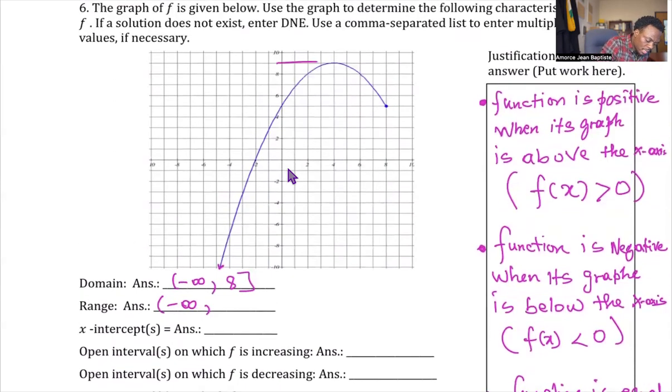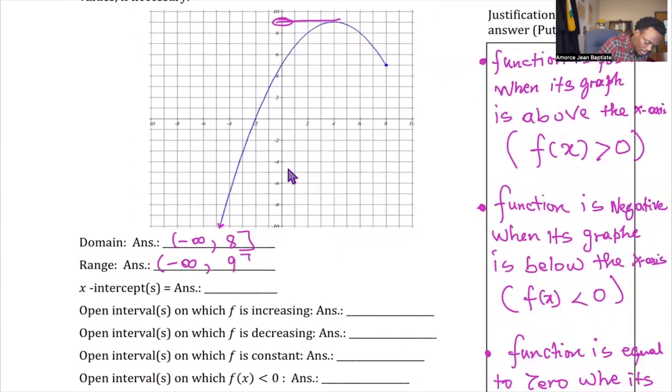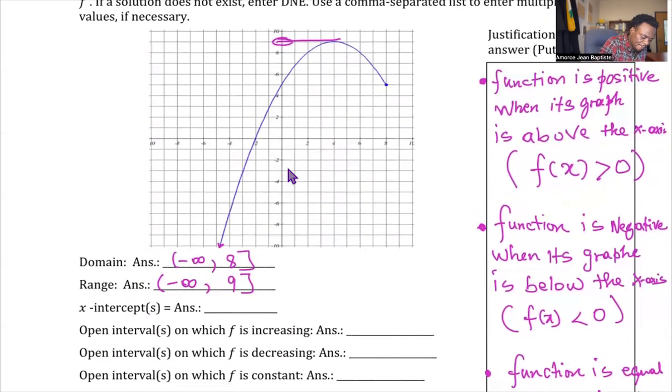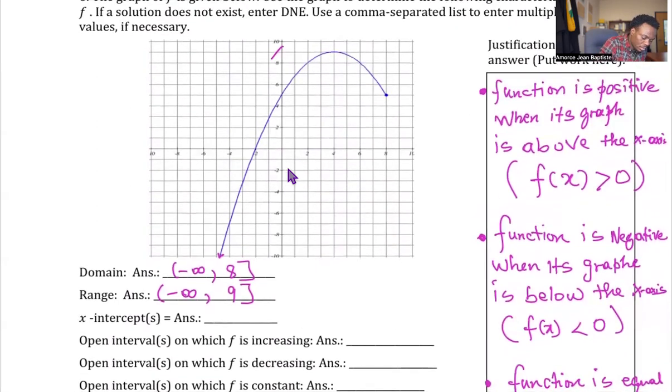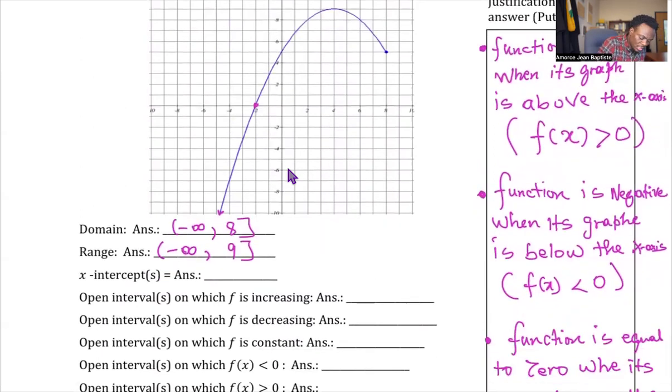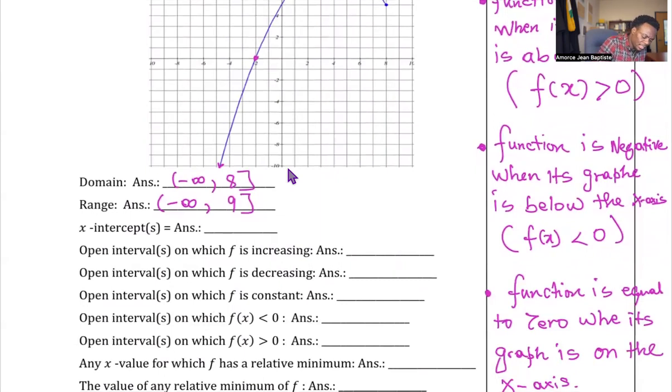Up is 9, right? That's y equals 9 and include 9. X-intercept. The x-intercept would be where the graph touches the x-axis. So that is x equals 2, y equals 0.